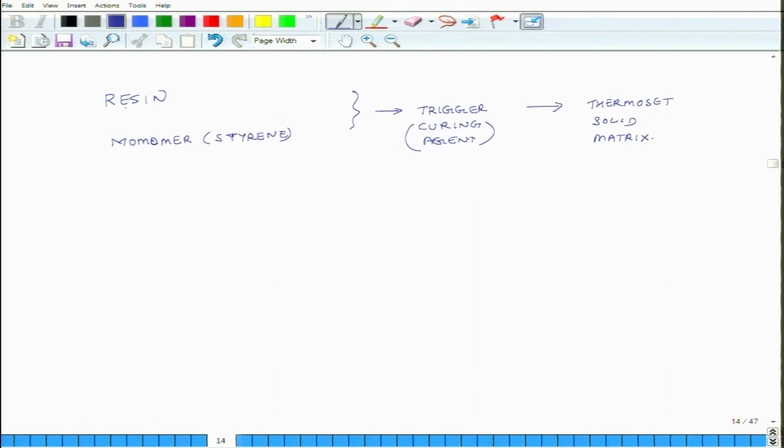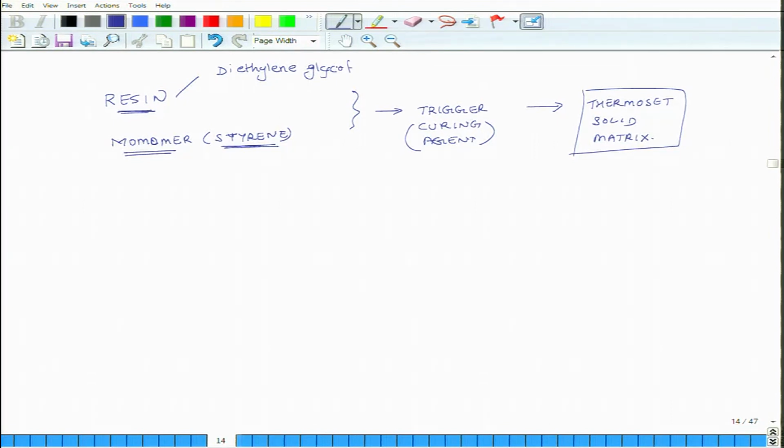Now, it depends on what type of resin you pick and what type of monomer. Here I have said that you can use styrene as the monomer, but based on which resin and which monomer you pick, you can change the material properties of the final product, which is the thermoset solid. Typically you use diethylene glycol as the resin.